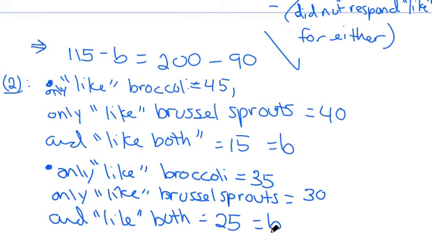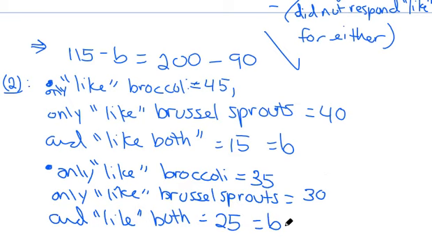Now in both of these scenarios, we have that 25 people dislike both vegetables because they're not affected regardless of these breakdowns. So we have two different scenarios where our B would be different values, but everything is still satisfied in terms of our table and our breakdown of different categories.